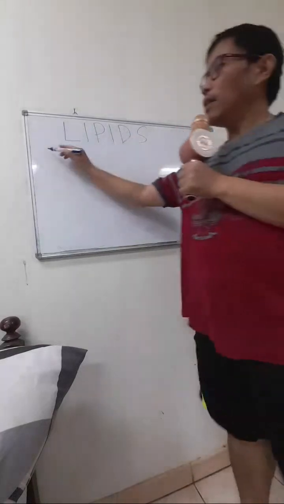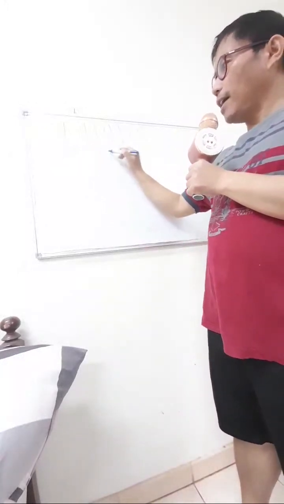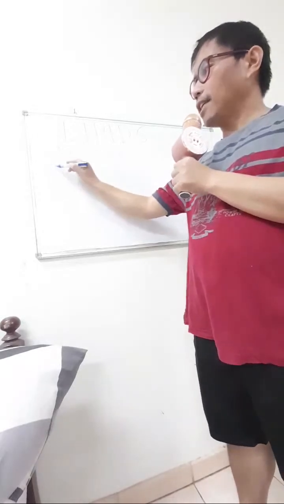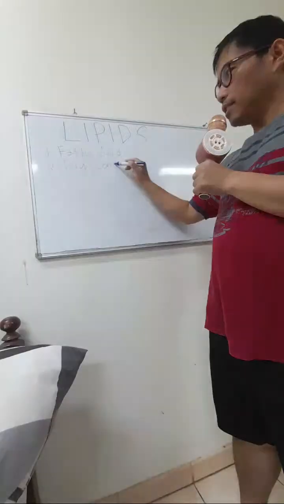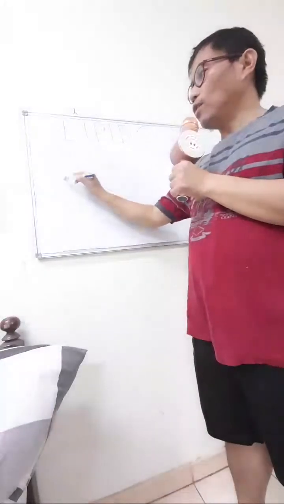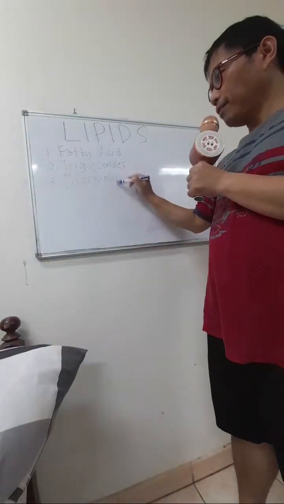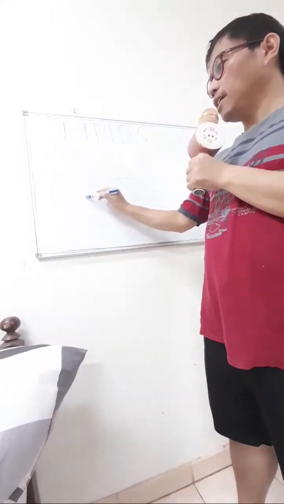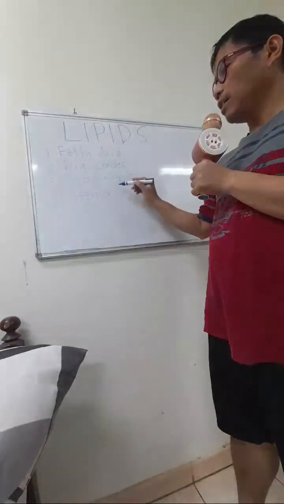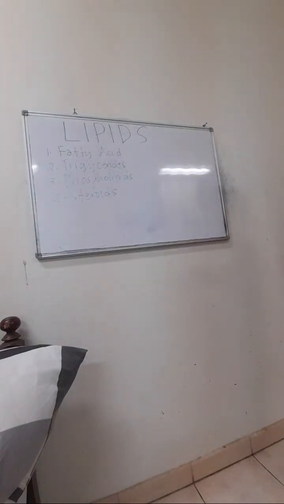We have first fatty acids, then triglycerides, then phospholipids, and then steroids. Actually, there's still another, for example, the terpenes, the waxes, the prostaglandins.